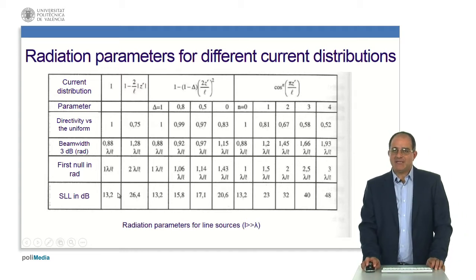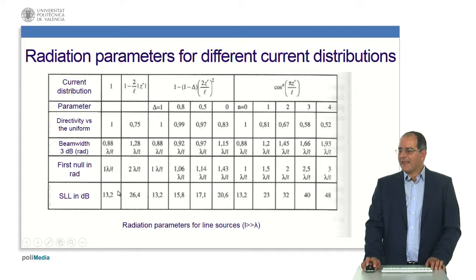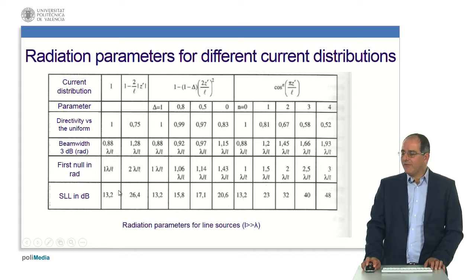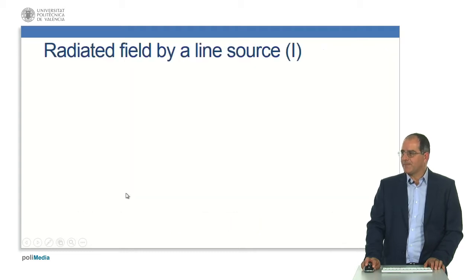This is very important because these conclusions are exactly the same for the continuous case as for the discrete case. The continuous case corresponds to the line source, and the discrete one will correspond to any array of any set of uniform sources.